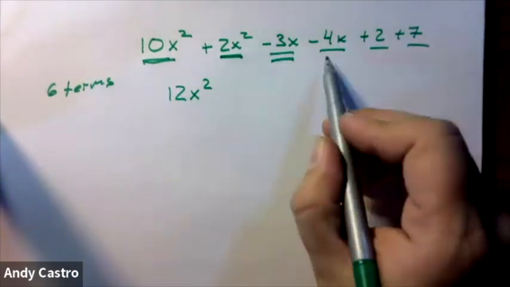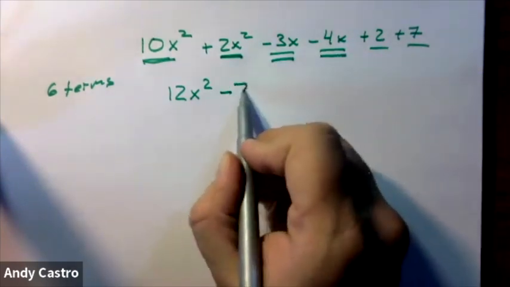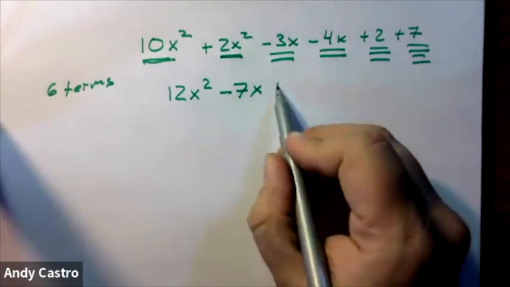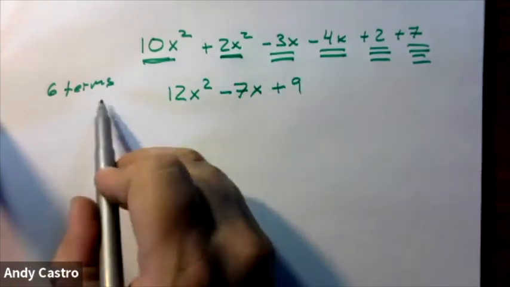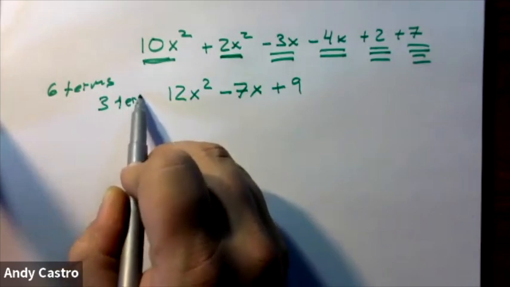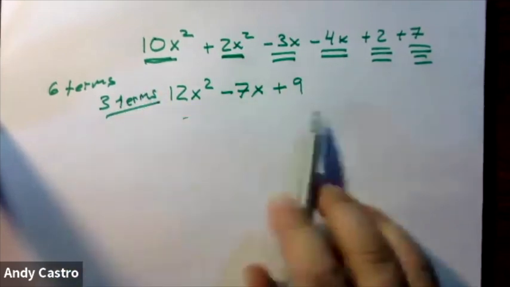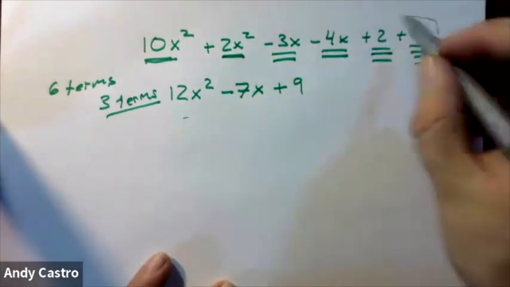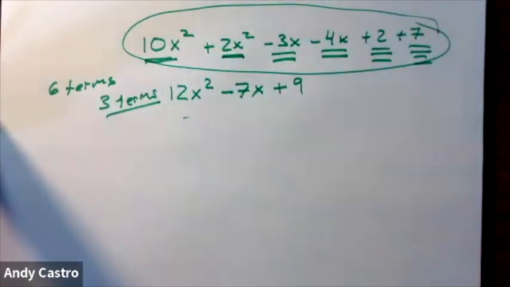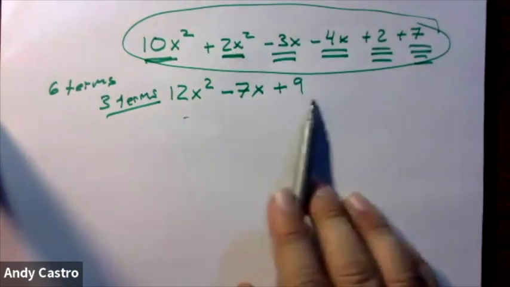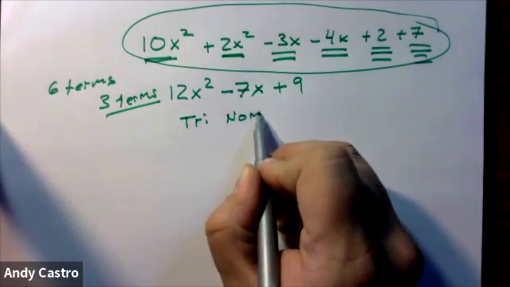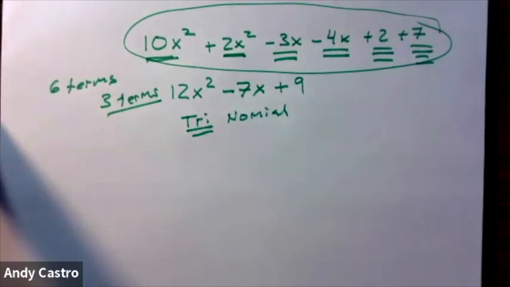The negative 3x and the negative 4x combine to give me negative 7x. And the 2 and the 7 combine to give me a 9. So this is actually 3 terms. Once we simplify everything down and we can no longer combine, that's when we know how many terms we have. Not up here, up here it's still not simplified. So this tells me that I have a trinomial.